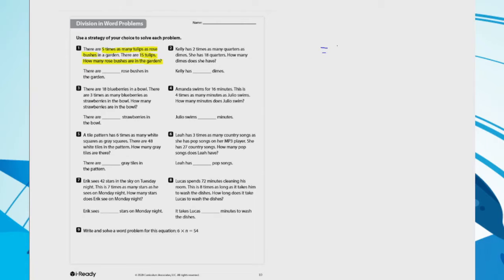So we know that there's 15 tulips, and we know that there's 5 times as many tulips as rose bushes. So 5 times a number equals 15. There's a couple ways that we can solve this problem. We can divide 15 by 5, so split it up into 5 equal parts, or we could skip count by 5 until we hit 15.